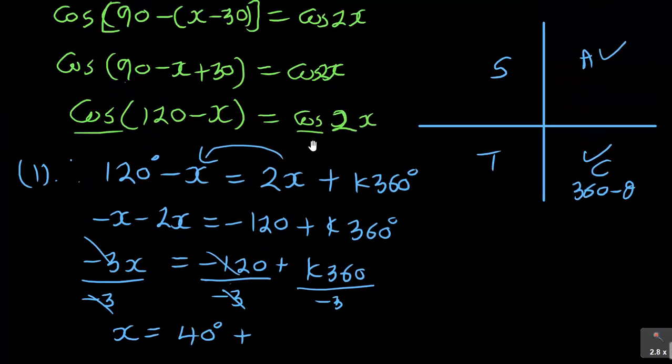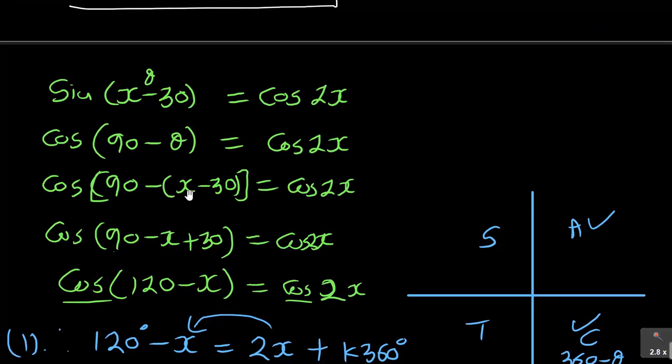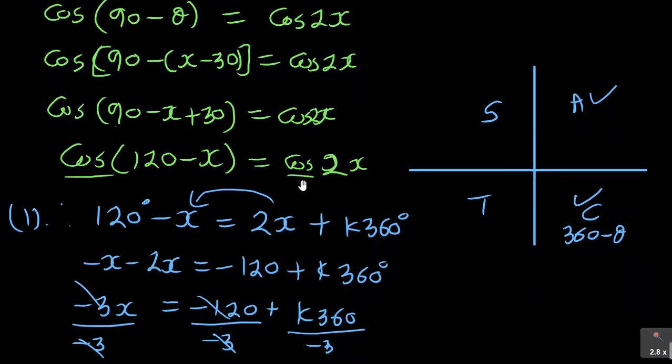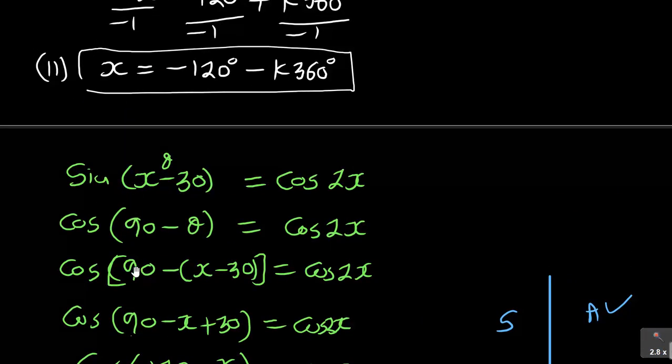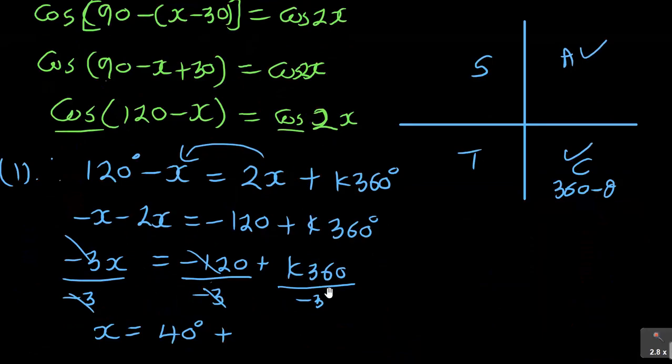Let me just check if again I'm doing this thing right here. So it was 90 minus x plus 90, 120 minus x, yes, so it's negative x, and here it was x minus 30. Okay, so we are still doing it right.